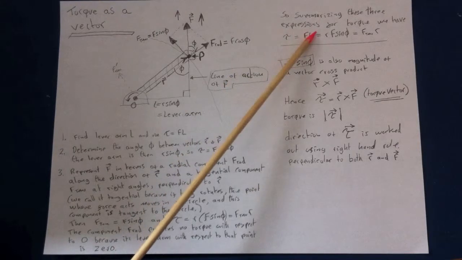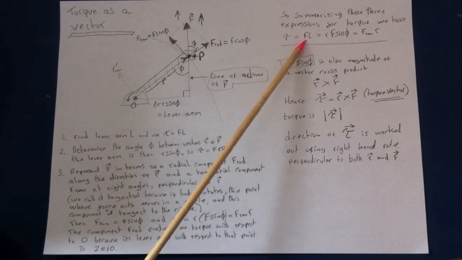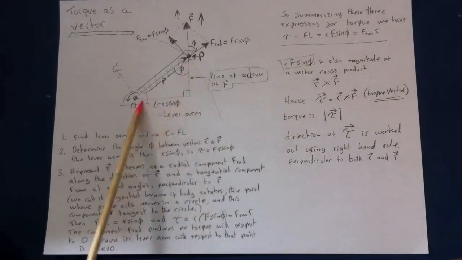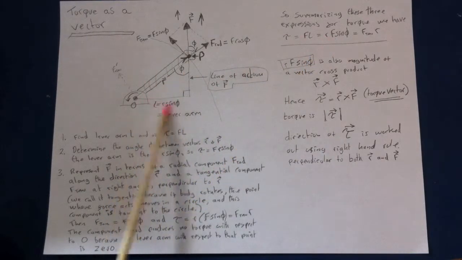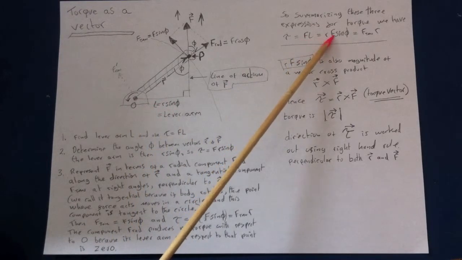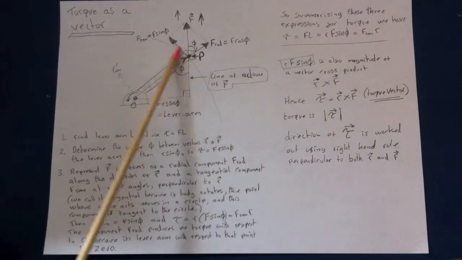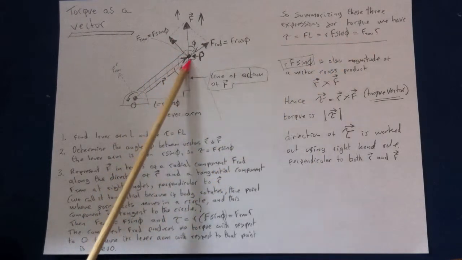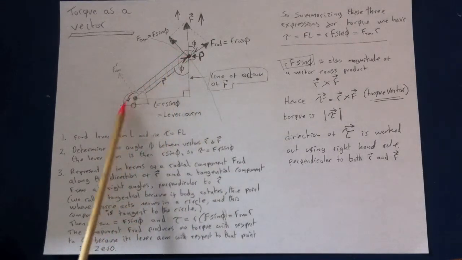Summarizing these three expressions for torque, we have torque equals force times L, this distance. We can define L as r sine theta, so r F sine theta. Or we can define the tangent component here and say F tan r. So we can define it that way, or that way.